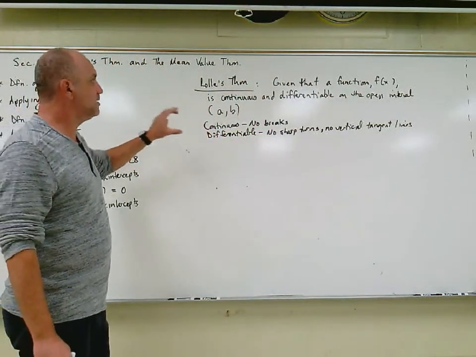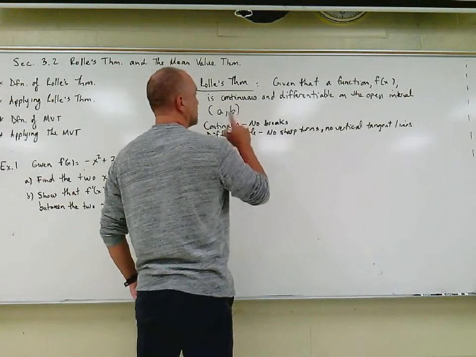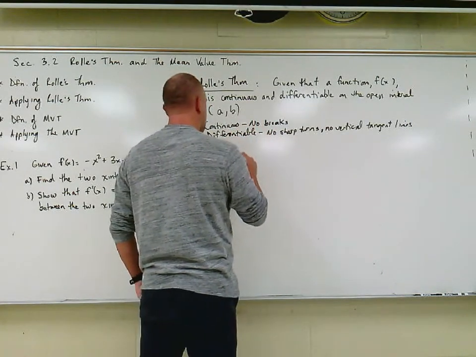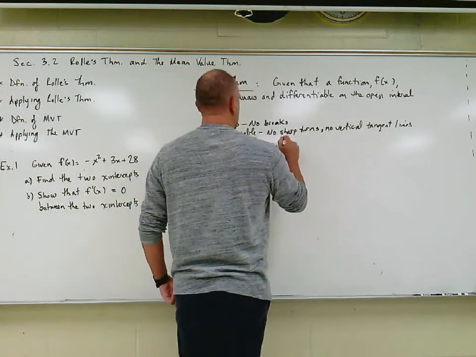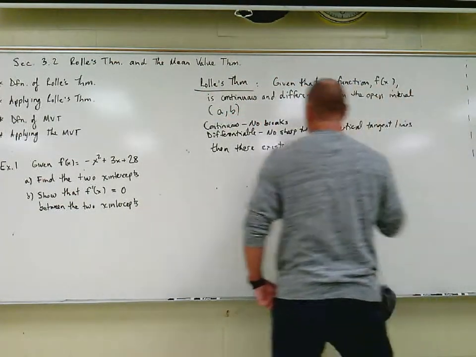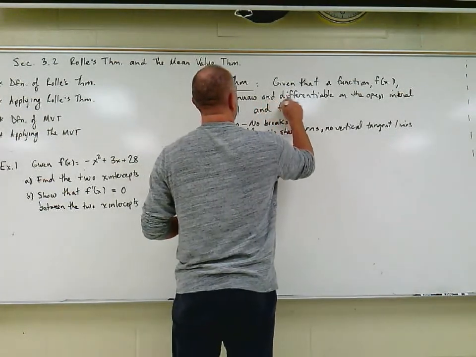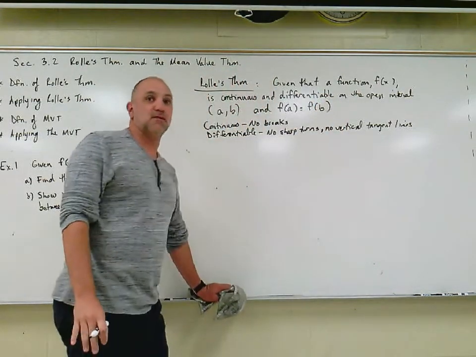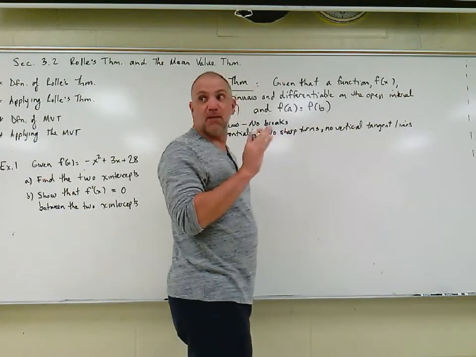So if that's the case, then, given that a function f is continuous and differentiable on the open interval a, b, then there exists, oh, hang on. Let's say one more thing. And f of a equals f of b. That's the other thing that has to happen. That means the two endpoints, whatever they are, are at the same y value.